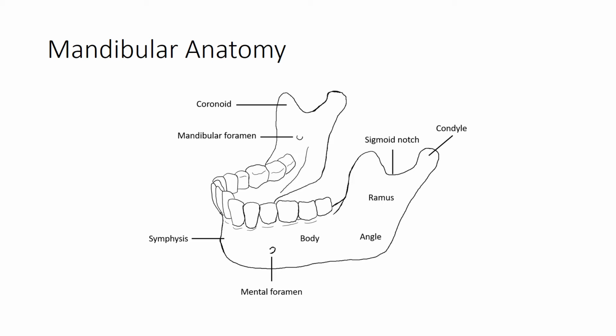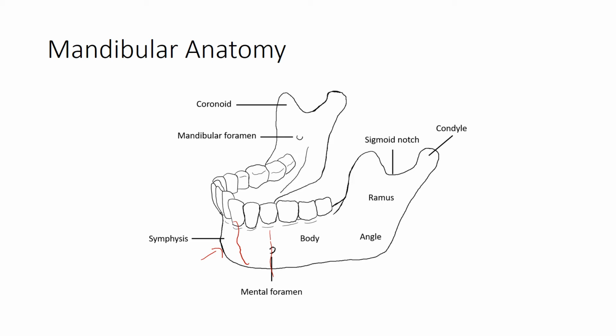More commonly, you get fractures that are just off of midline, and these are called parasymphysis fractures. The parasymphyseal region actually extends from the symphysis all the way to the mental foramen, which is usually around the second premolar.